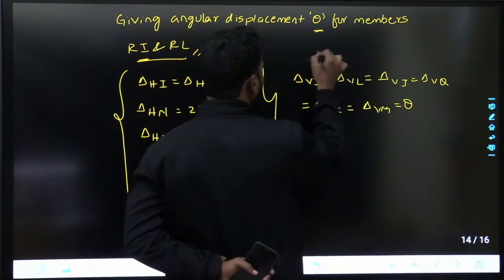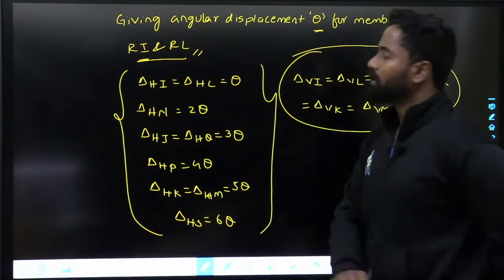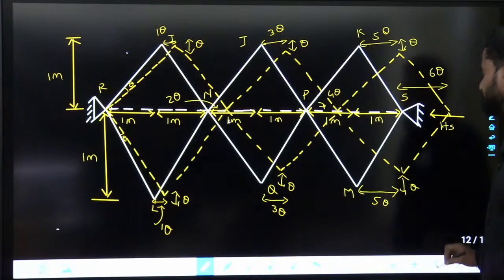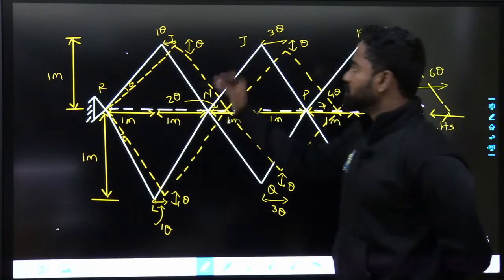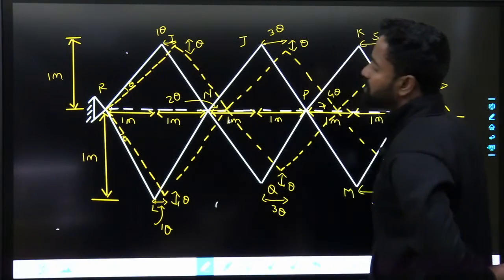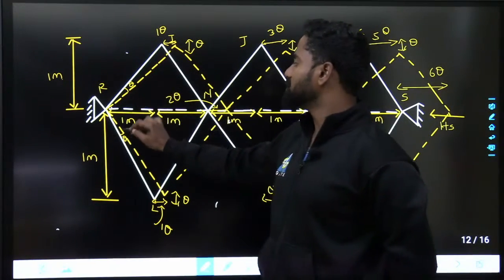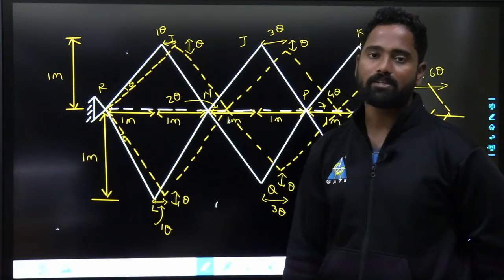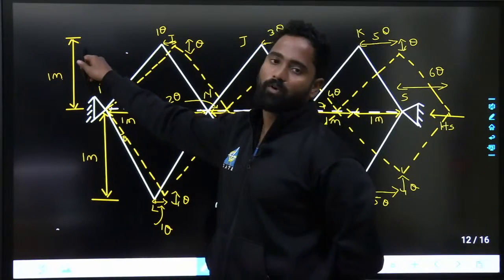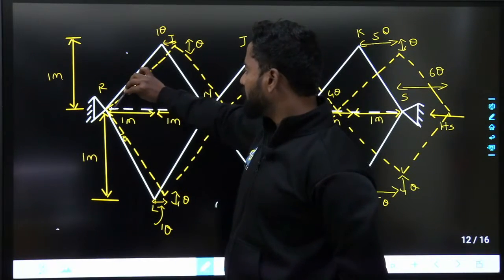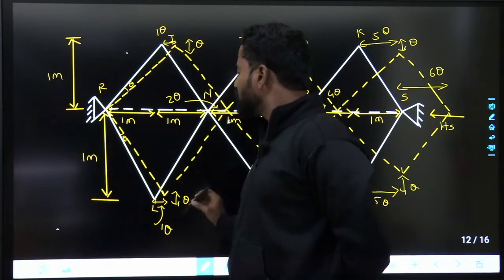Everything would equal theta. Fine. So this will move by theta, this will also move by theta, everything is theta because this is theta. That is why every vertical distance is theta, because this is 1 meter. So because of an angular displacement of theta, there will be a movement of theta.